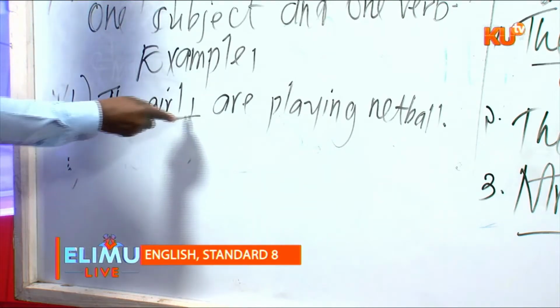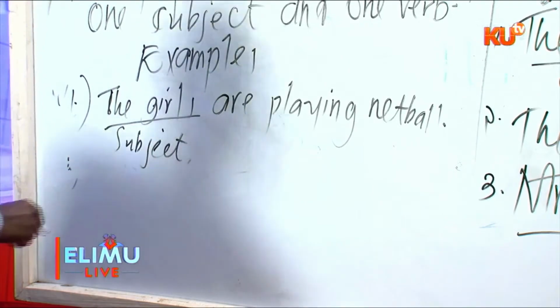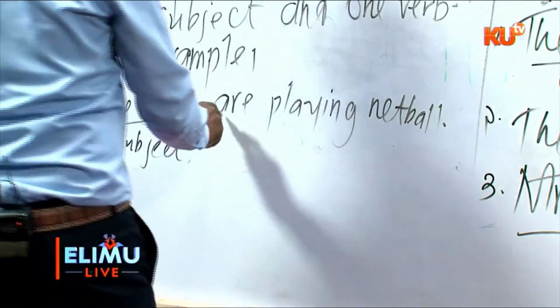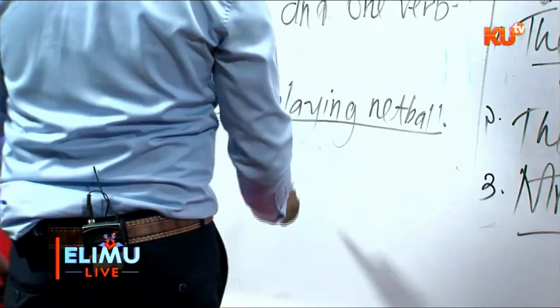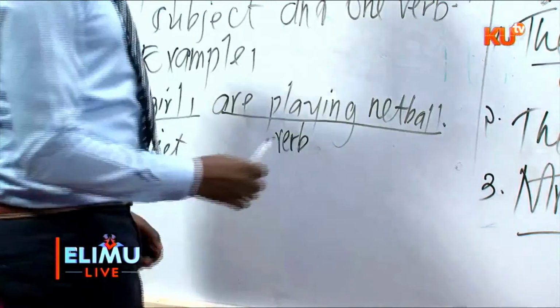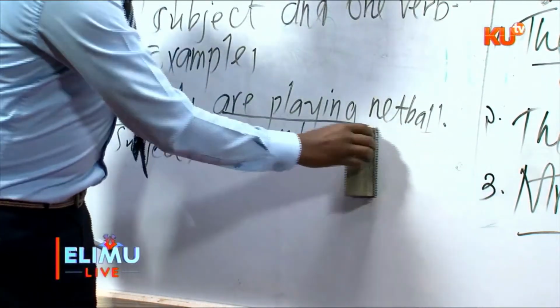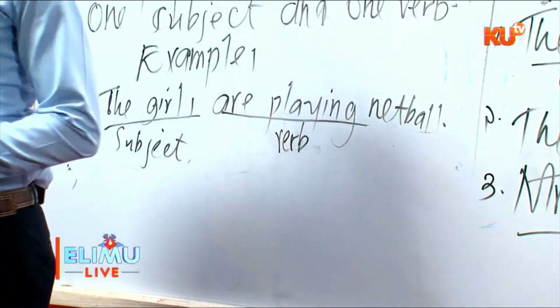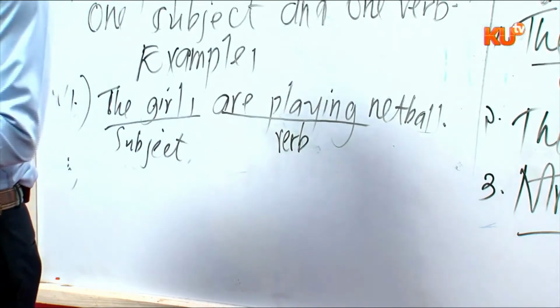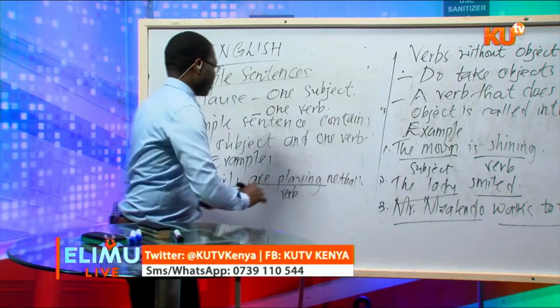So the girls, this is the subject, and then are playing netball is a verb. Are playing, actually, is one verb. Then number two: the sky was very clear.